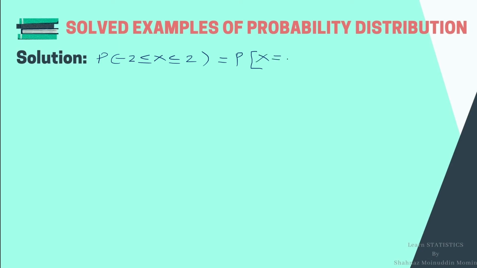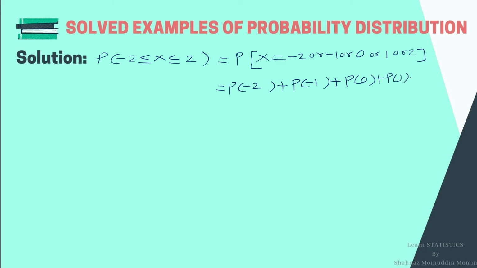So it is x equal to -2 or -1 or 0 or 1 or 2. So it is probability of -2, -1, 0, 1 and 2. Substitute these probabilities from the probability distribution.